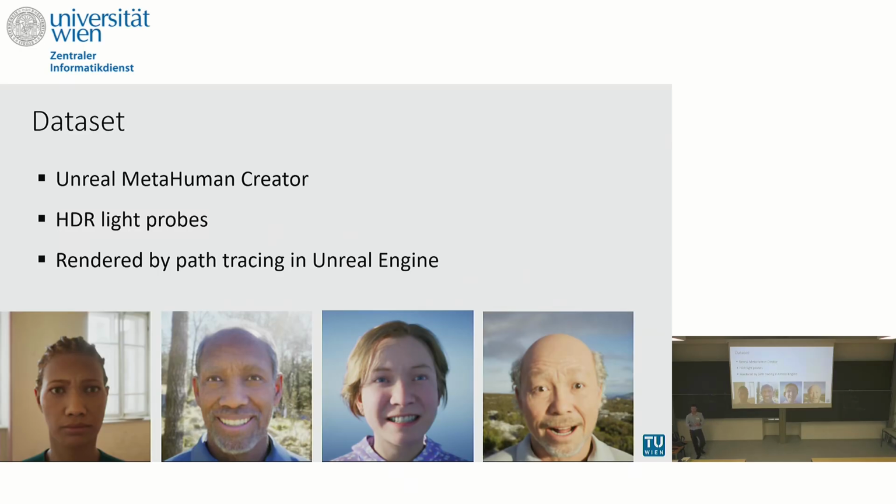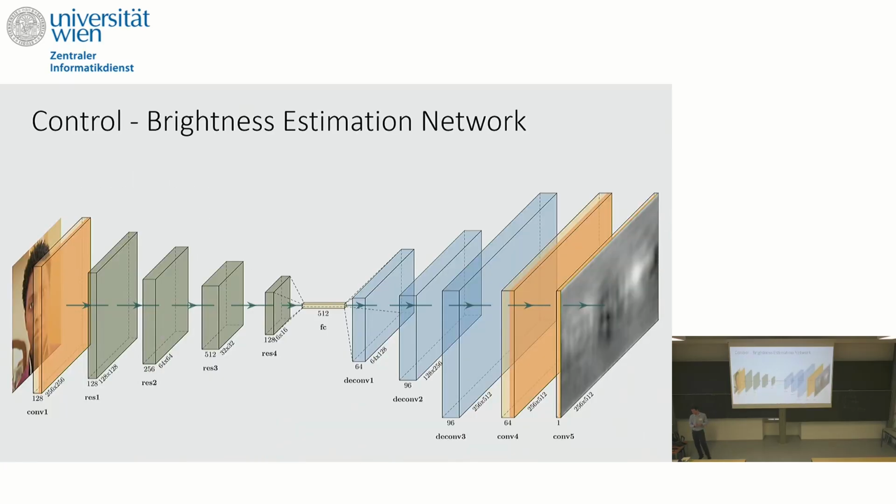And we use openly available HDR light probes, which you can download and use. We used them to render and illuminate these faces with different human expressions, different face types and different environments. We rendered this by path tracing in Unreal Engine, and we created more than 100,000 images, which we could later use for training.